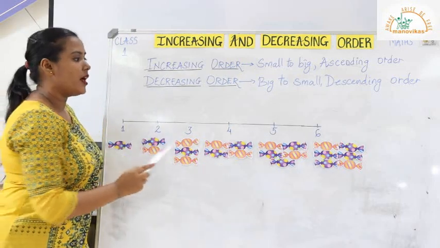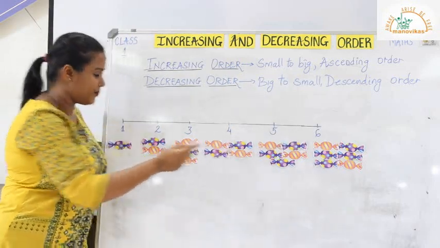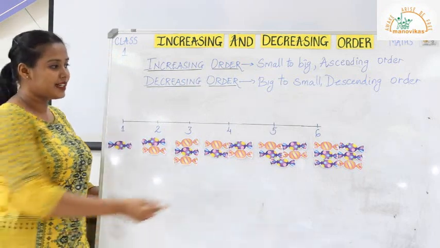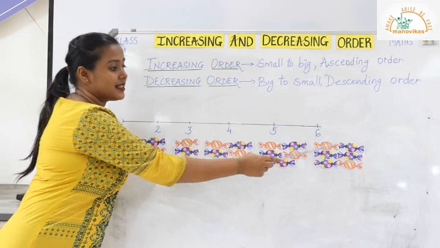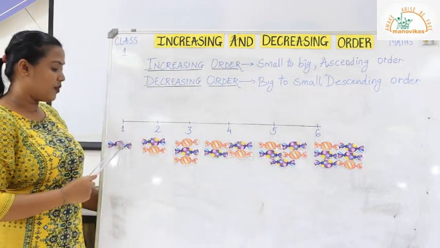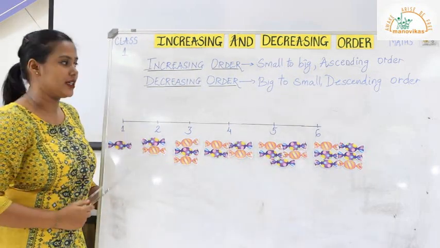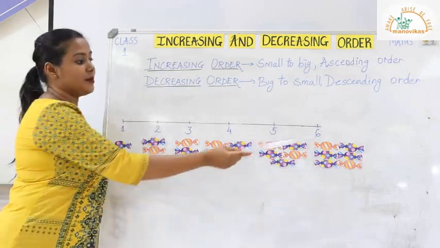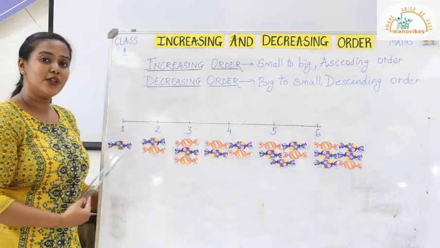So here 6 will be the biggest number and 1 will be the smallest number. And how do you come to know that? You can see 6 has 6 chocolates and the number 1 has only 1 chocolate. So this is how you can identify which is the bigger number and which is the smaller number.